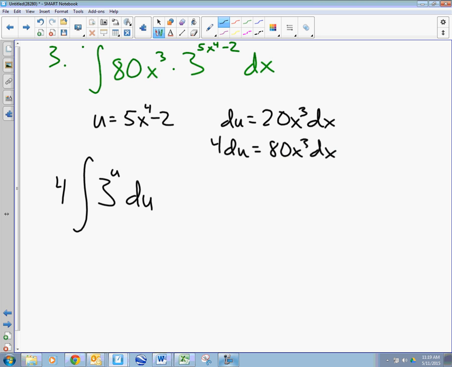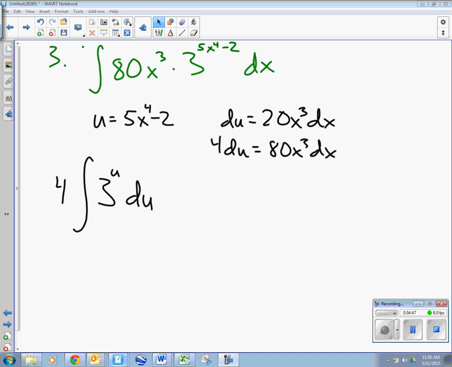Do you remember what the antiderivative of 3 to the u is? Good try, close. We'll check it when you get back. Okay, with your various calculus notes, do you know the antiderivative of 3 to the u?